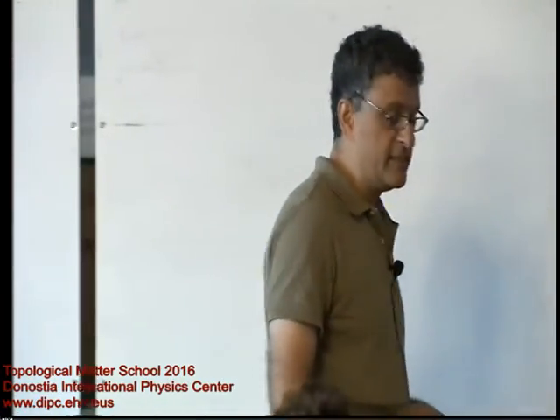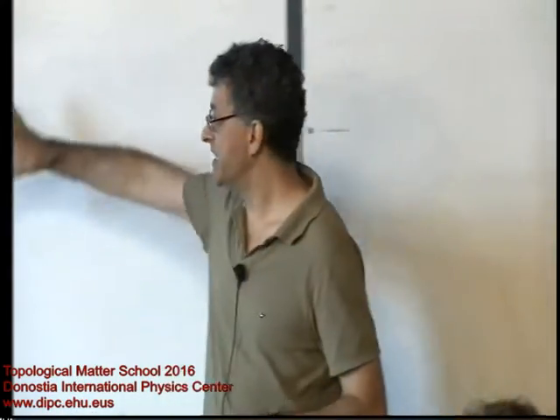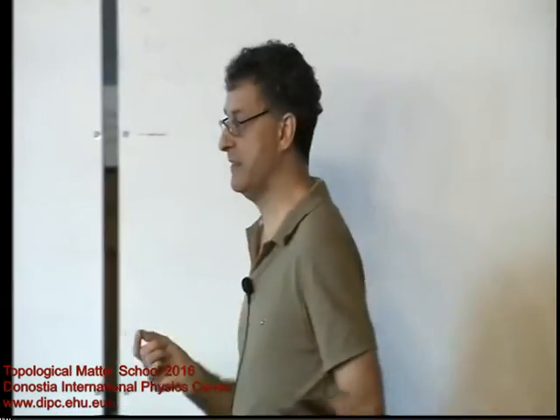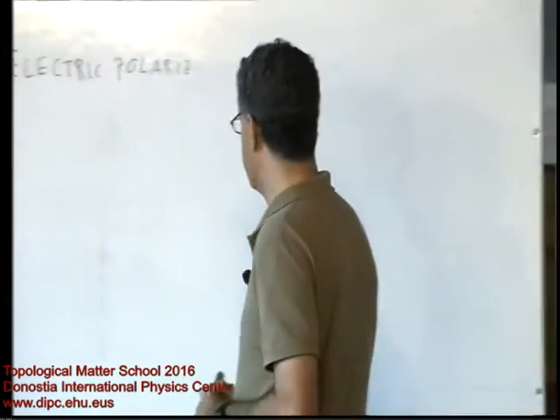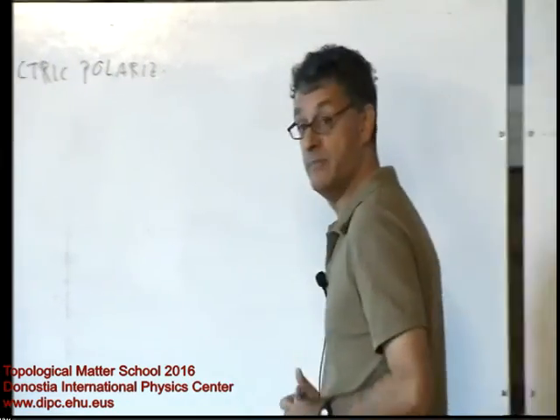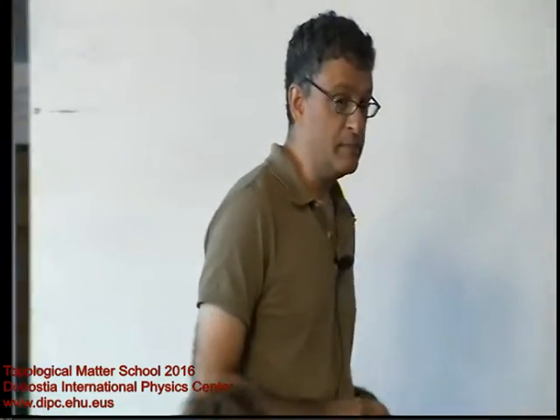The second advantage is that polarization is a property of insulators, and you only need a single band. So I'll be working for the entire lecture with one dimension and a single valence band, okay? So it's very simple.